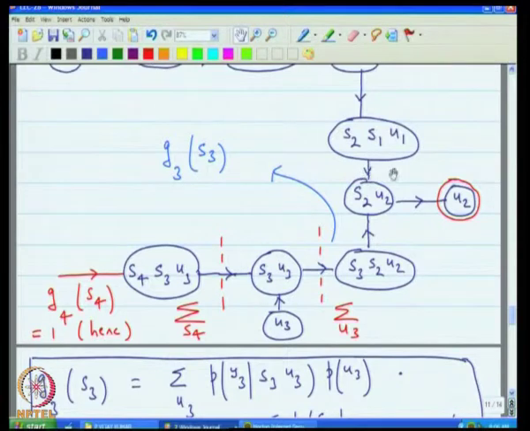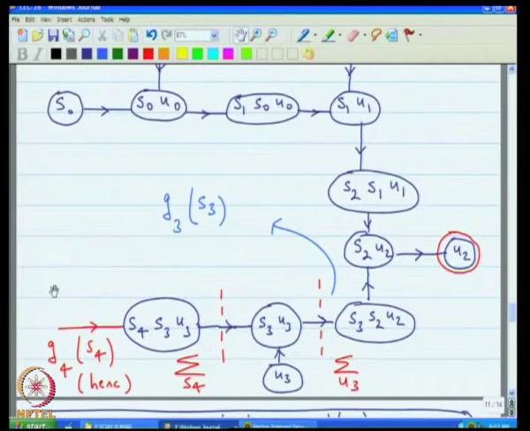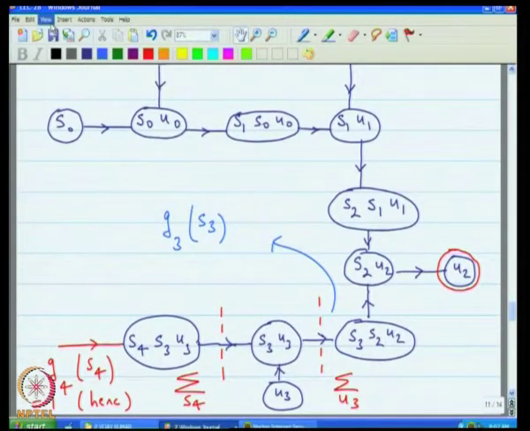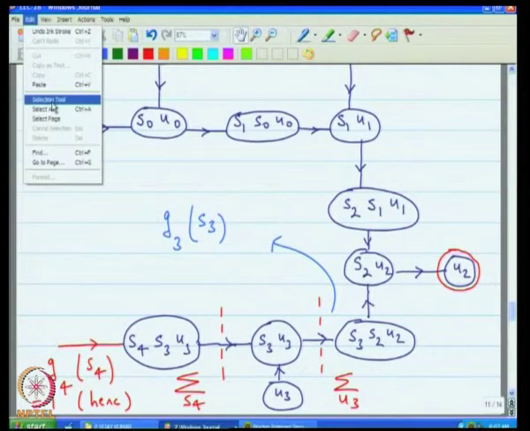So, you have f2 of s2, g3 of s3, then you have these terms. So, you have that last stretch to go to actually compute u2. Let us take a closer look at that, and we will stop with that.